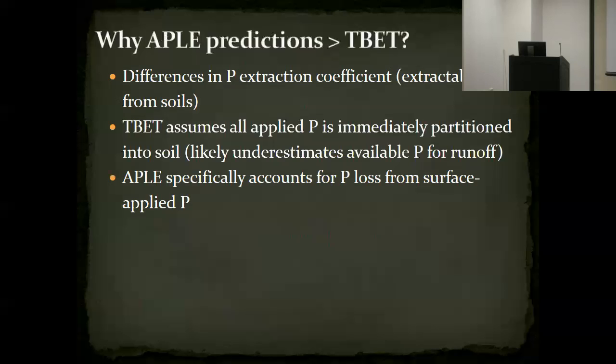And Apple, on the other hand, even though it's empirical, does specifically account for phosphorus that remains on the soil surface and is vulnerable to loss during a runoff event.